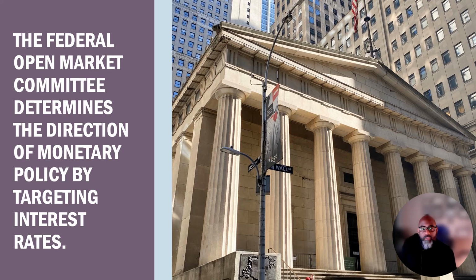The committee meets roughly every 6 weeks to assess the state of the economy and announce any changes in monetary policy. Although all regional presidents attend, only the voting members cast formal decisions. The chair of the Board of Governors also serves as the FOMC chair.